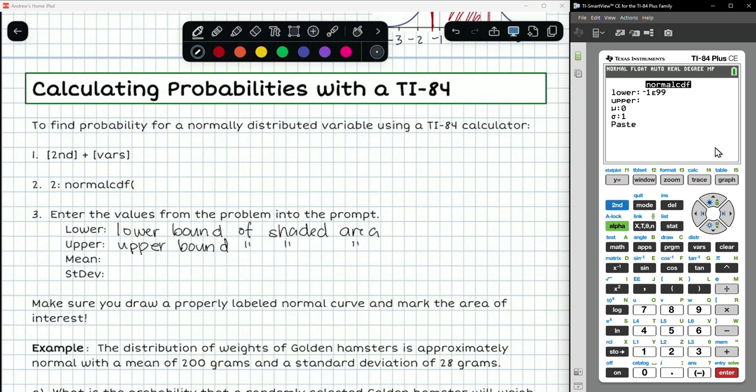It asks me for the mean of my distribution and the standard deviation of my distribution. In order to get that lower and upper bound correct, it is important that we draw a properly labeled normal curve and mark the area of interest. We're going to do some examples so you can see what this looks like.